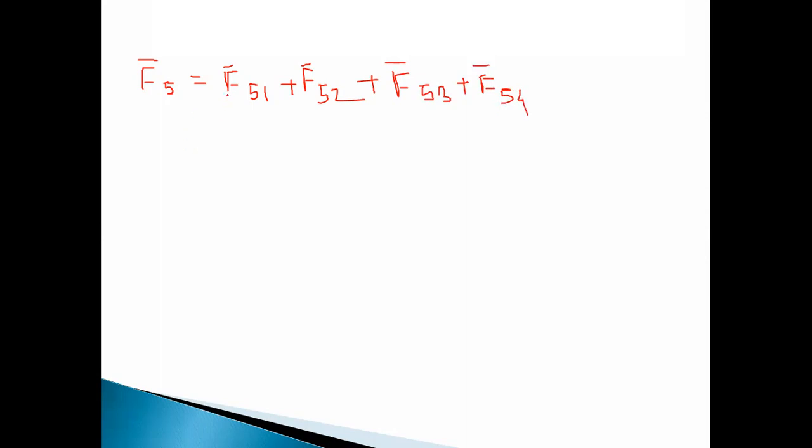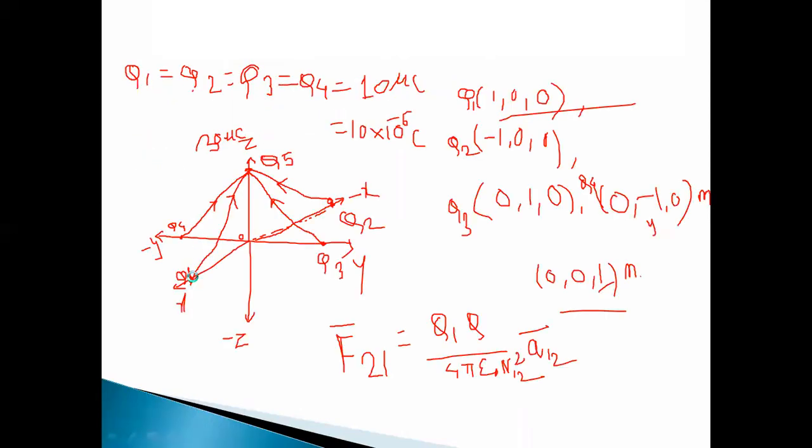Now we have to find this one by one. First, to find this F bar 5-1. Now how to find this F bar 5-1? The formula for finding F bar 5-1 is Q1, one charge is Q1. Then the second charge is Q5 here, because force is acting on charge Q5 due to charge Q1. So here we are considering this line.